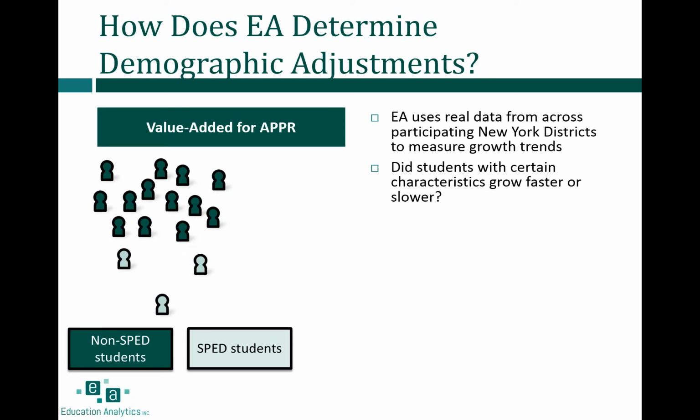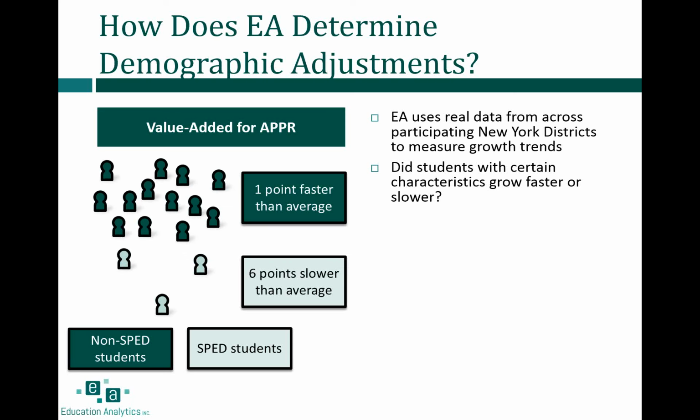We would use a statistical model to separate how did the non-special education students do on the assessment in terms of growth compared to special education students. And we might find in this hypothetical example that non-special education students tended to grow 1 point faster than the average for all students, and that special education students might tend to grow 6 points slower than the average for all students.